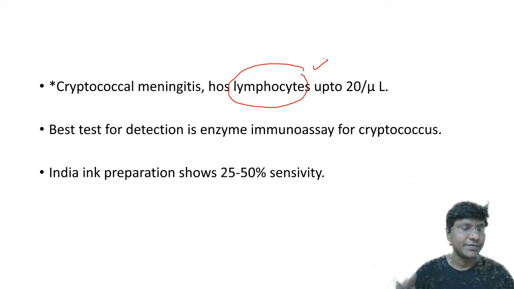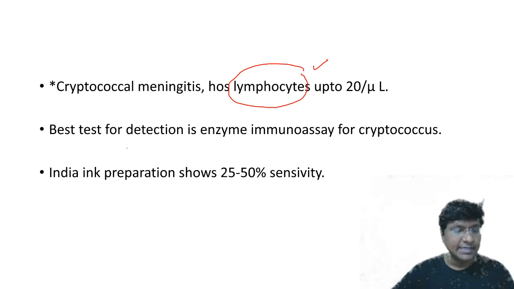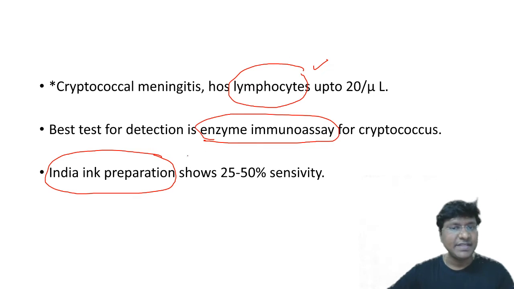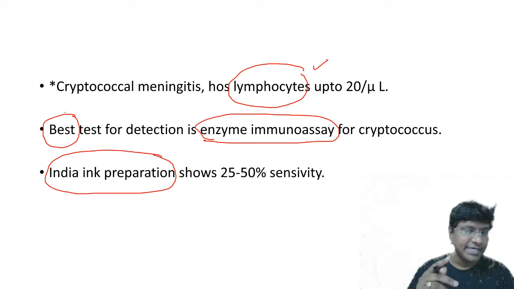It is not the neutrophils. And what is the best test for diagnosis of cryptococcus in the CSF examination? You have to do the India Ink preparation as well as the enzyme immunoassay. But between these two, the best one is the enzyme immunoassay for detecting the cryptococcus in the CSF.